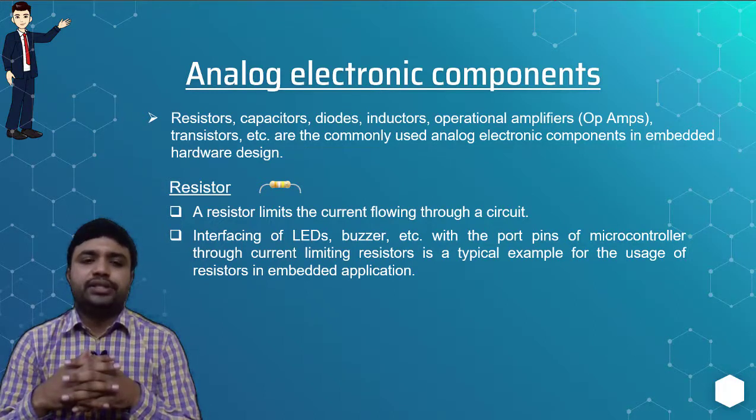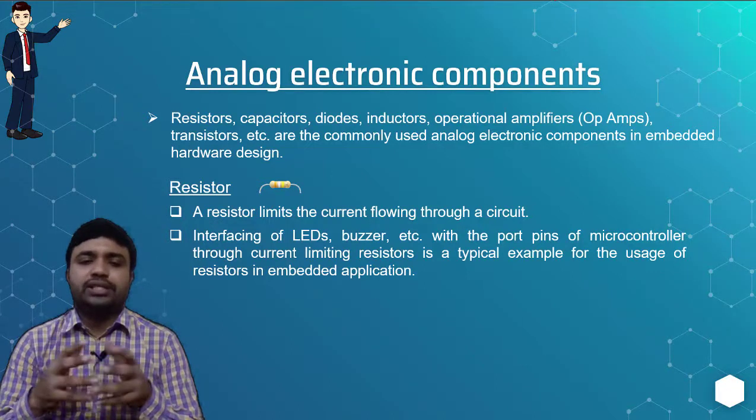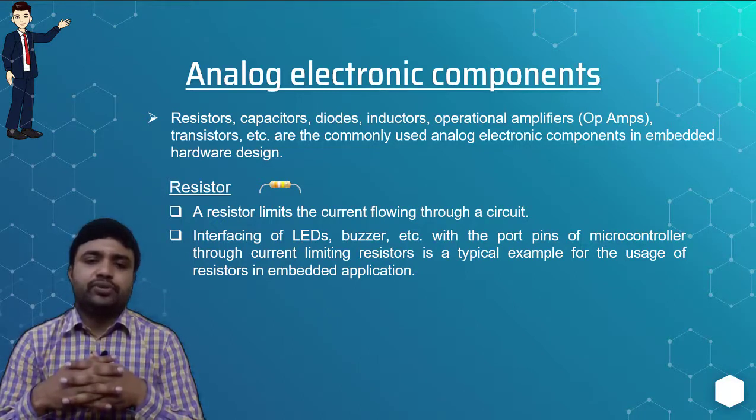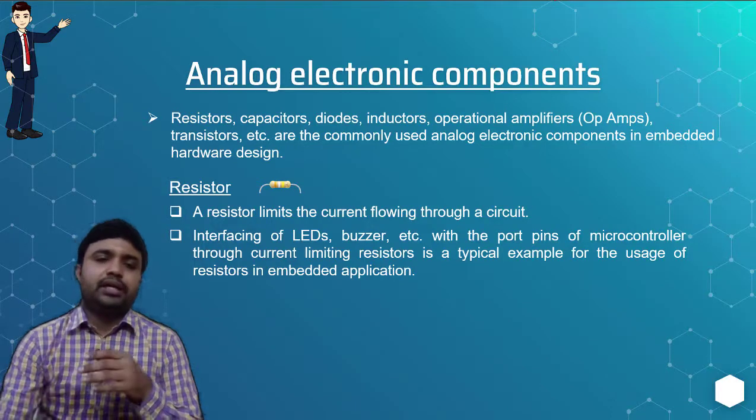And the applications of a resistor are interfacing of LED circuits and buzzer units. By connecting the port pin of a microcontroller through current limiting resistors, we can achieve the operation with the related applications. So this is considered a typical example for the uses of resistors in embedded applications.